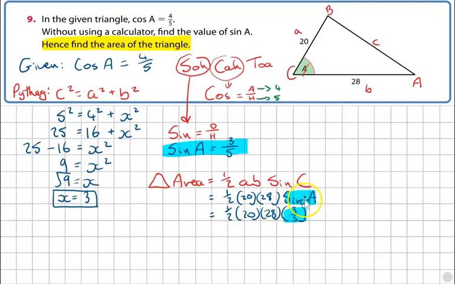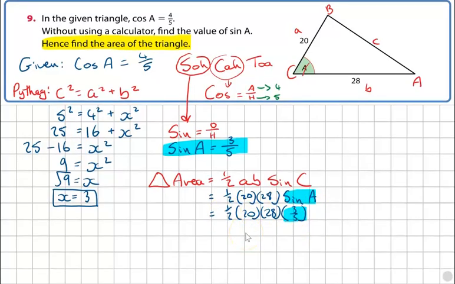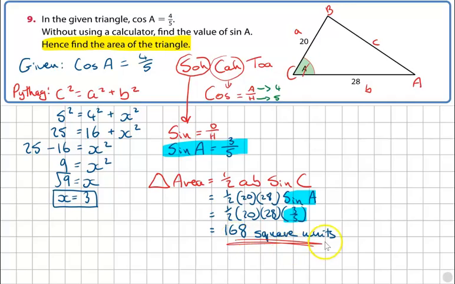So I'm going to replace sine A with 3 over 5 in brackets. Then I can just stick all of this into the calculator to get the area. So we get 168 square units. So the area of this triangle is 168 square units.